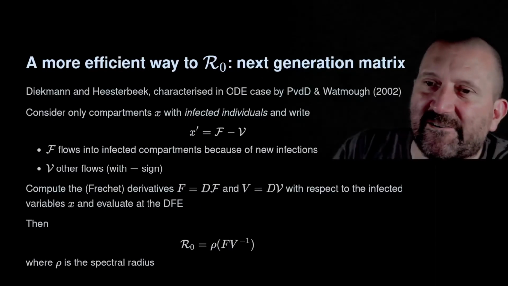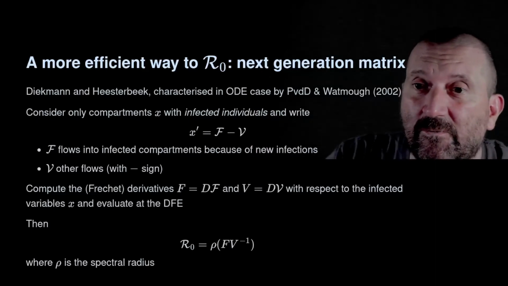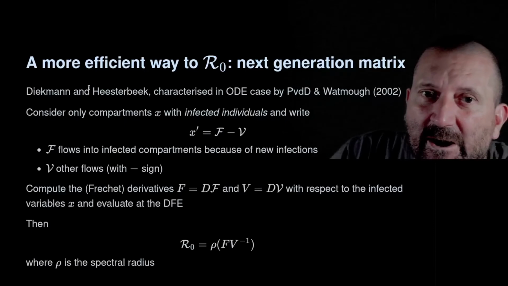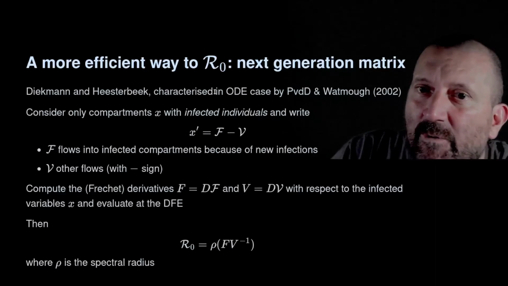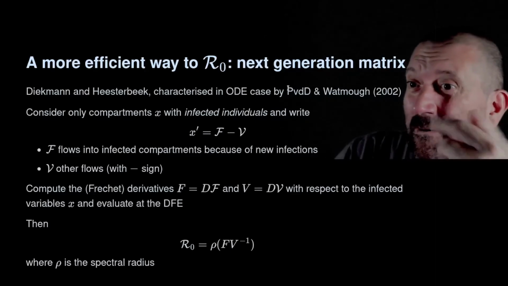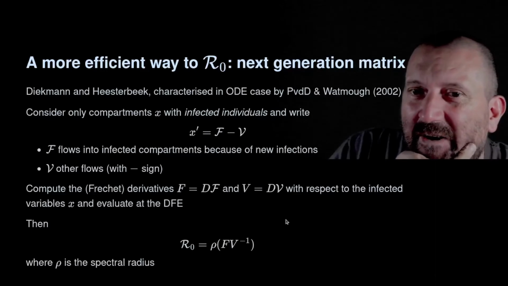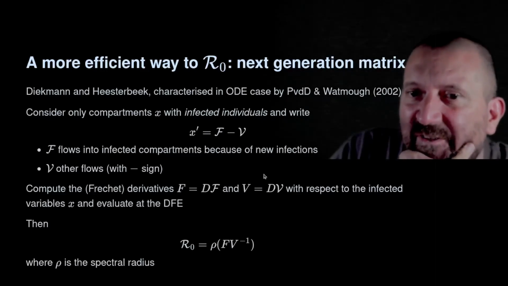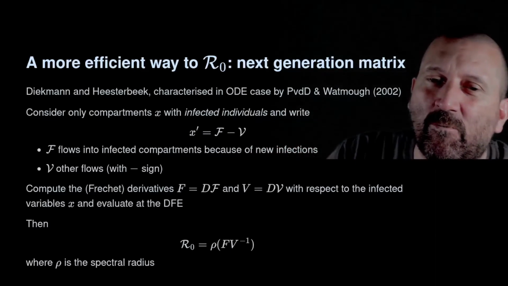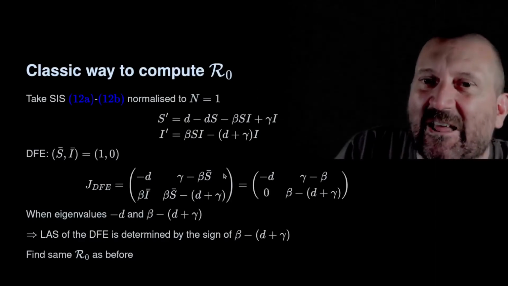I'll just mention very briefly, and this is not something I'll go into here, there's a method by Diekmann and Heesterbeek originally, but that was characterized in the ODE case by Van den Driessche and Watmough, that I was talking about in the introduction, that considers a much easier way of doing this computation than the classic way.